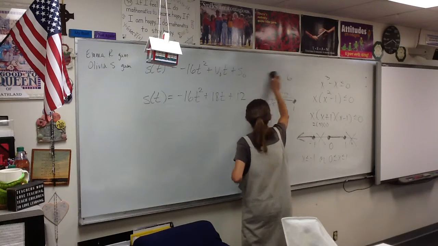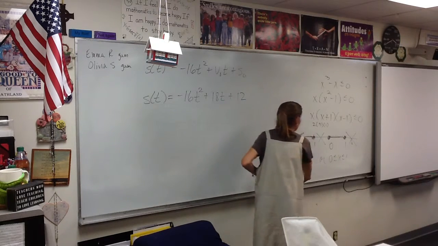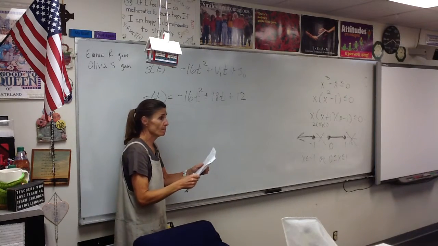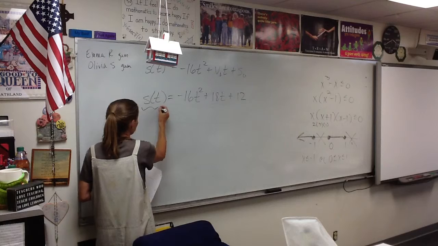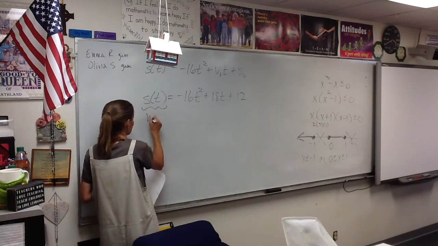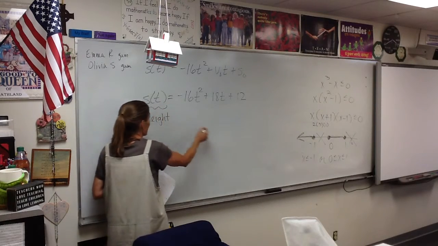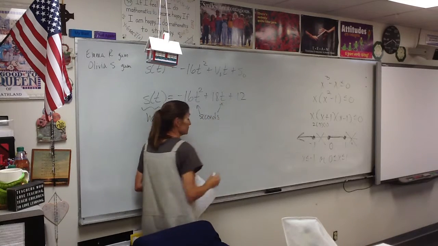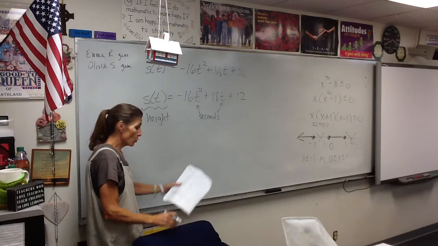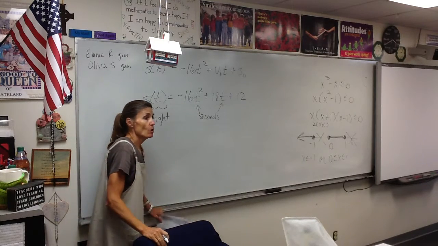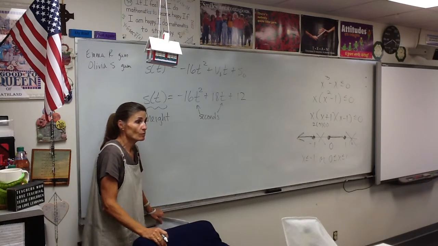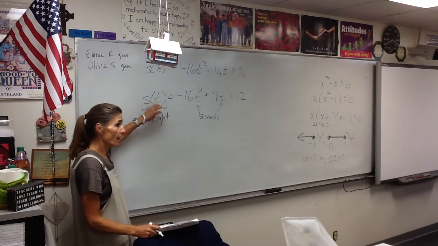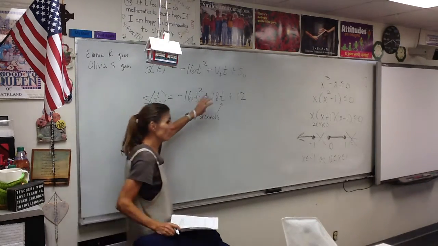Now when you use this equation to answer the questions that are coming up, and there are 3 questions, understand that any height is going to go here, and any seconds is going to go here. So when problem A says, when will it hit the ground? I either need to put in a height, or I need to put in a time.